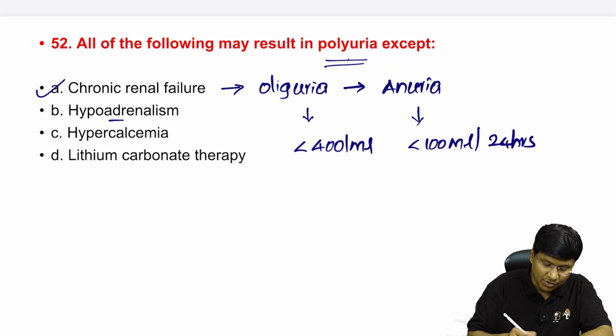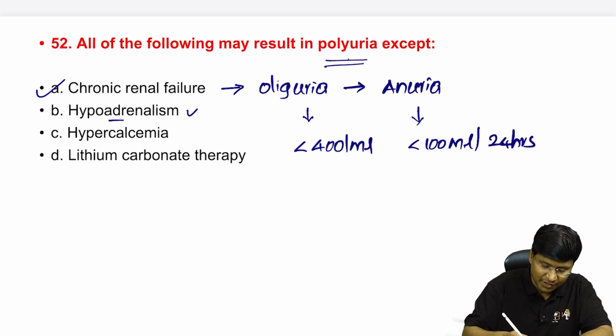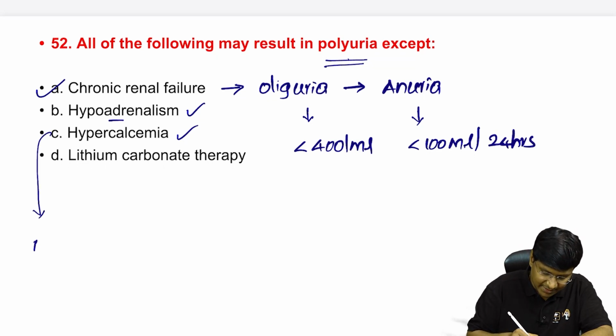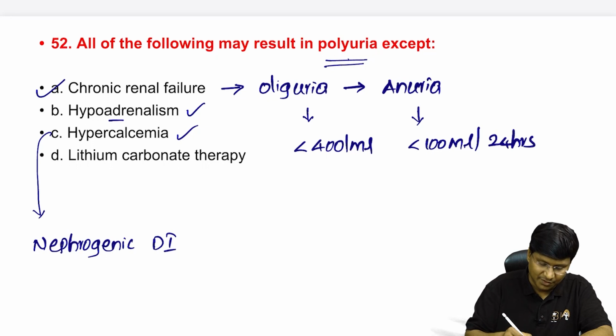In case of hypoadrenalism, aldosterone deficiency will be there, and that will cause impairment of sodium and water retention, and that will result in polyuria. And in patients with hypercalcemia, these patients will develop nephrogenic diabetes insipidus, and secondary to this, they will have polyuria.